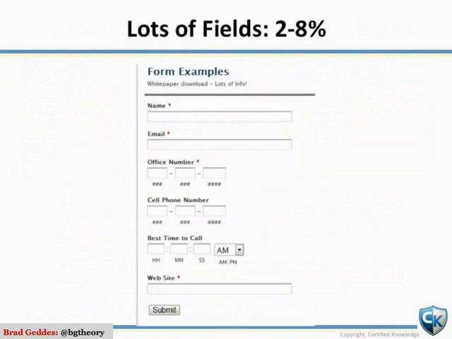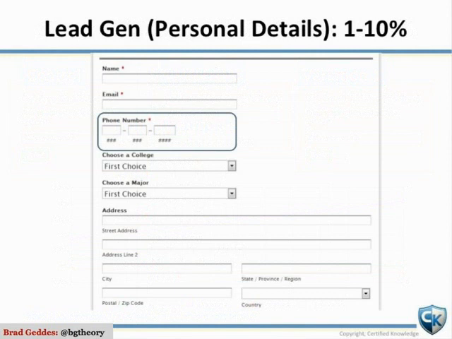Now, if you take that same form, though, and add more fields, even though it's the same value, your conversion rates are often going to drop 50% or more just by requiring more information. So this is where, like a lead gen site, you see often 1 to 10% conversion rates, and that sounds huge, 1 to 10%. That is big.